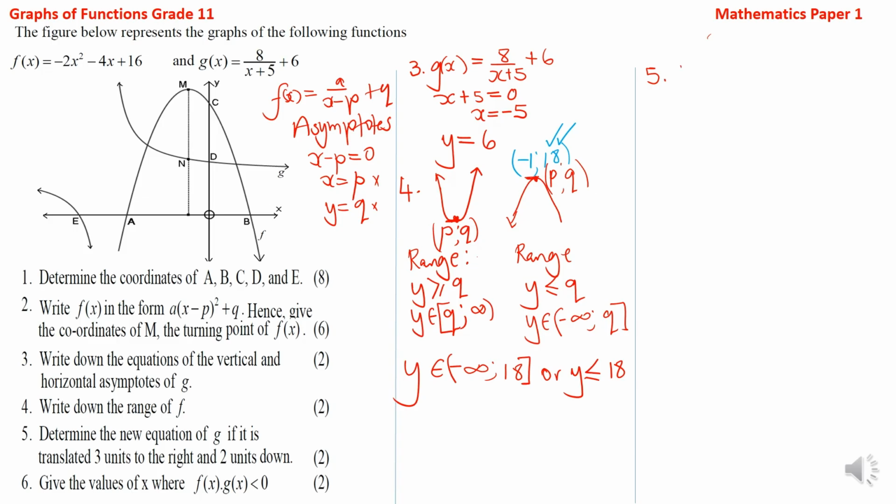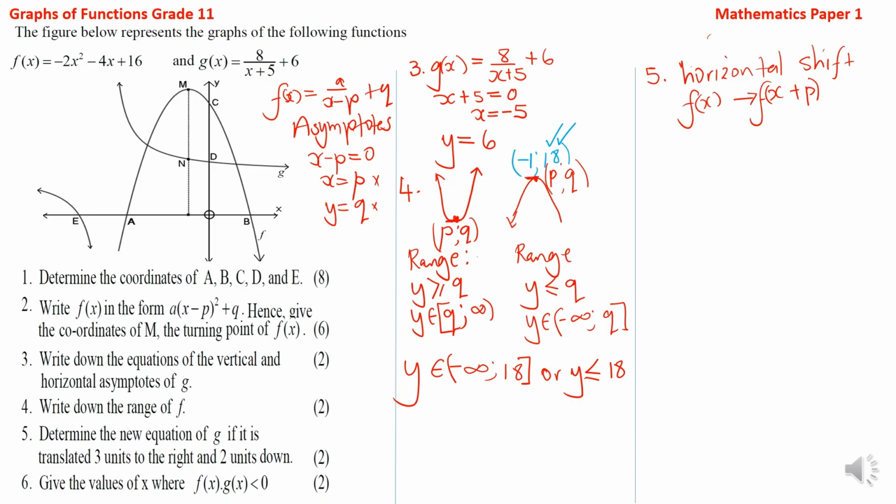Now, if a graph is shifting horizontally, horizontal shift, this is the idea. If a graph is being shifted horizontally, the equation changes from f of x to f of x plus p. This is how a horizontal shift is indicated.